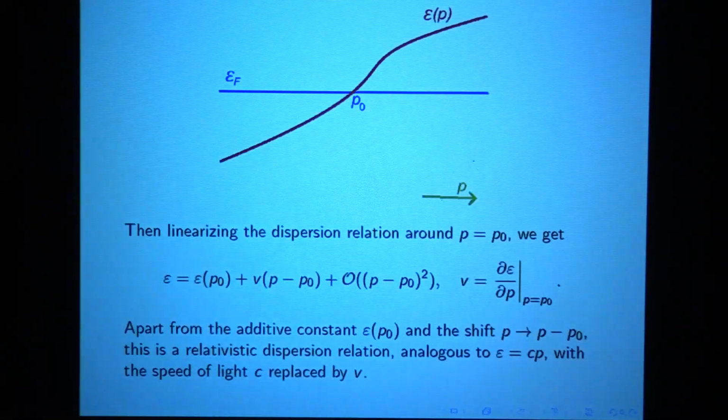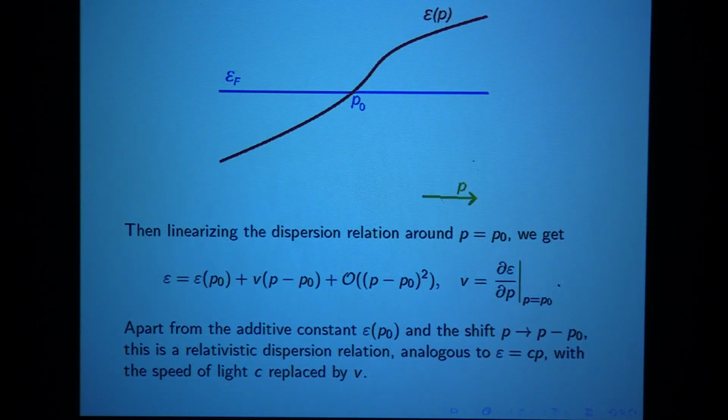And then if we linearize the dispersion relation near the crossing point, the energy is a constant, plus a linear term times p minus p0, plus higher order terms that aren't important near the Fermi surface. Then, writing the group velocity v as d epsilon dp, we see that we can have a relativistic dispersion relation analogous to the relativistic dispersion relation for a massless particle in one dimension, with the speed of light c replaced by v.